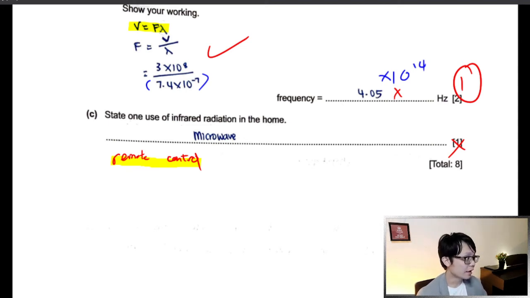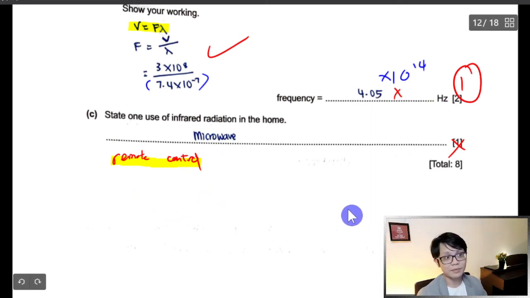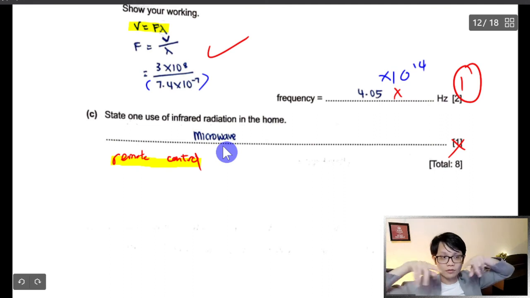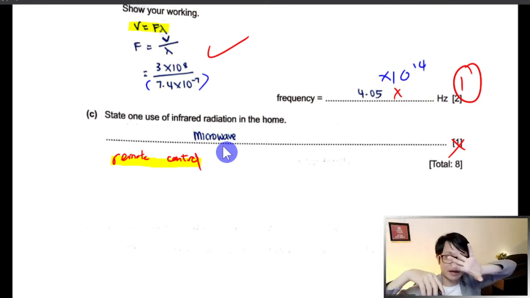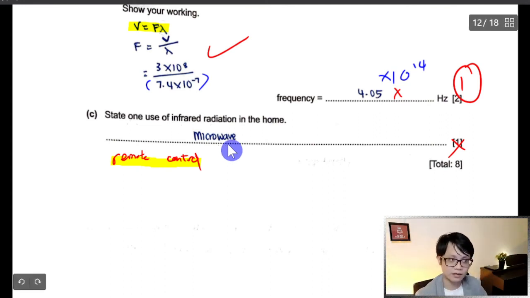A few more uses: motion detector, intruder alarm, heat lamp, a few more things. But obviously microwave is a different wave, so that's why it's not infrared, because if you look at the picture in your book, which I show many times, microwave is at the other side of the column.